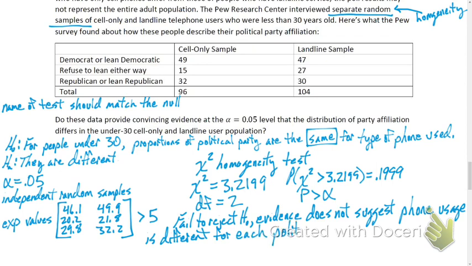For political party, you probably don't even need the word each. For people under 30. And that is a chi-squared homogeneity test.